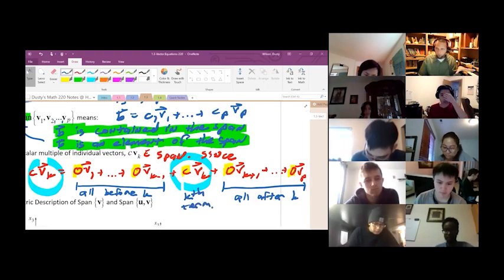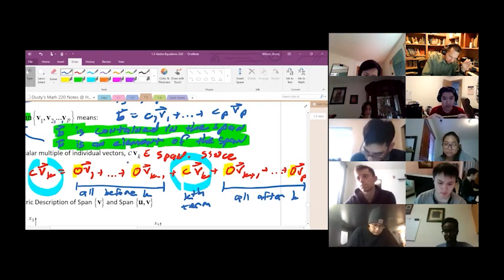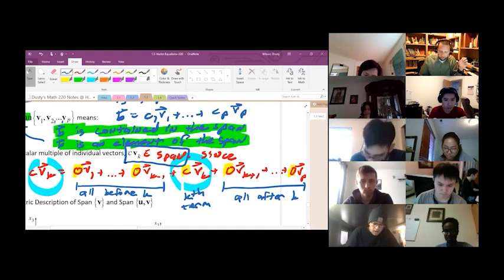So the moral of the story is that every scalar times a vector is in the span where we include that individual vector.